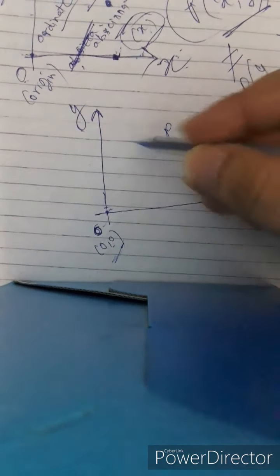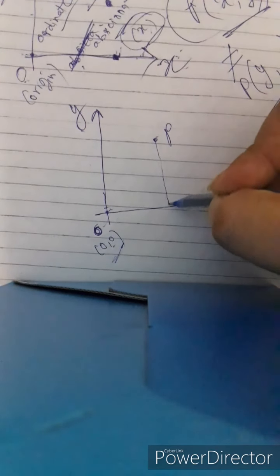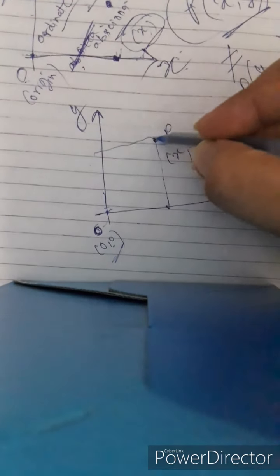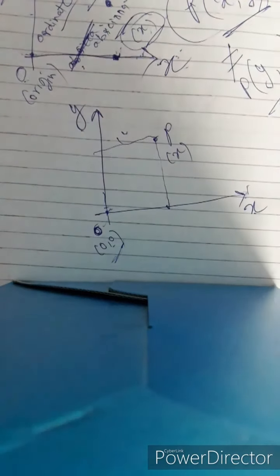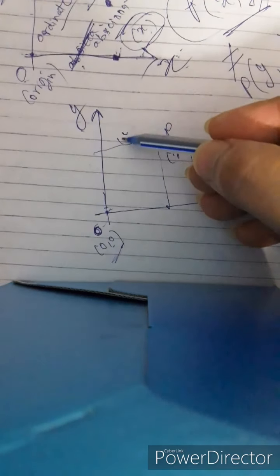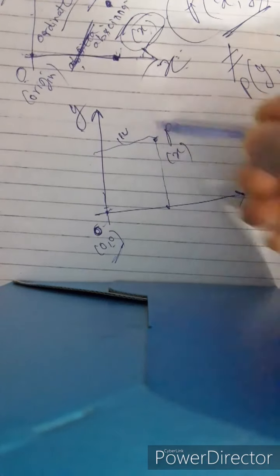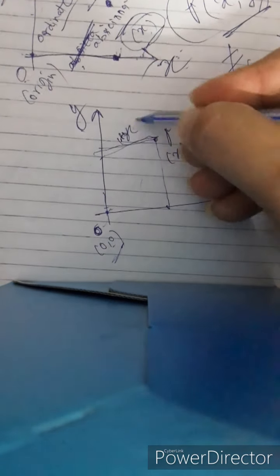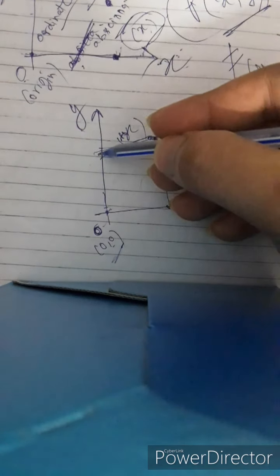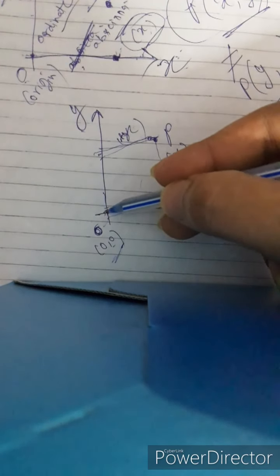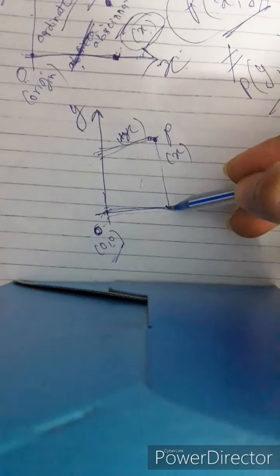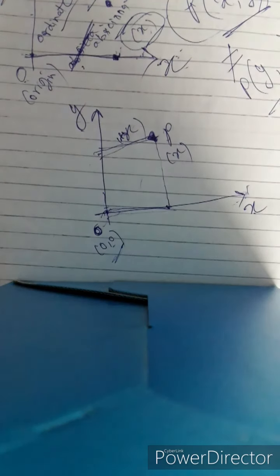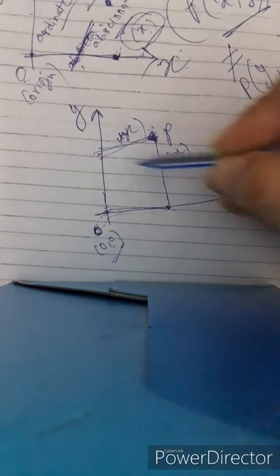Suppose we take a point P on the plane. The coordinate of P becomes, from the x-axis it is x, suppose, and from the y-axis it becomes y. This distance we are measuring on the x-axis, and this distance we are measuring on the y-axis.